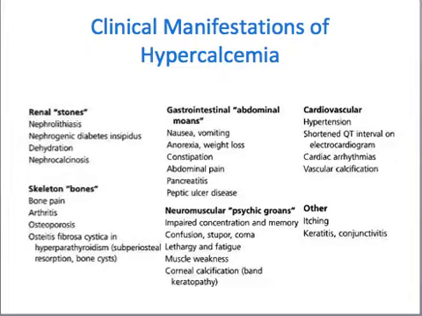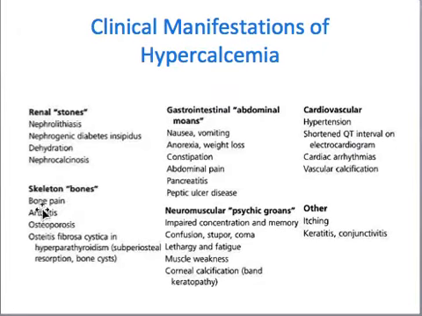So what are the different manifestations of hypercalcemia? Traditionally, hypercalcemia manifests as stones, bones, groans, and abdominal moans. That's the mnemonic that is taught to medical students. When we say stones, we mean renal stones, usually in the form of nephrolithiasis, nephrocalcinosis, dehydration, even nephrogenic DI.